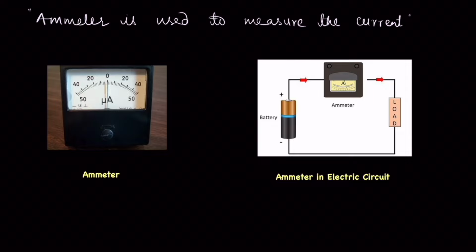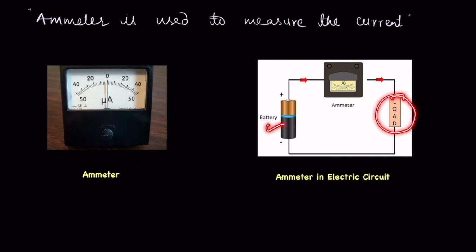Through that we can measure how much current is moving in a circuit. So here you see the picture of the ammeter and how the ammeter is connected in the electric circuit. This is the ammeter connected to the wire. This is the battery and here is the load. Through that we can find how much current is passing through the circuit.